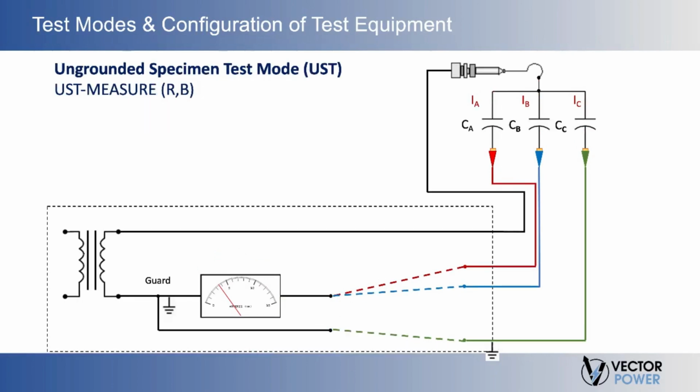With the analyzer in the UST measure red or blue, the only input to the measuring circuit is through the low voltage leads. Observe that the test set guard and ground are common in the UST mode. Thus, current and losses to ground are not measured in any of the UST measurement modes.